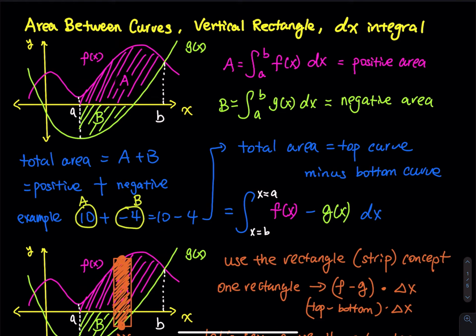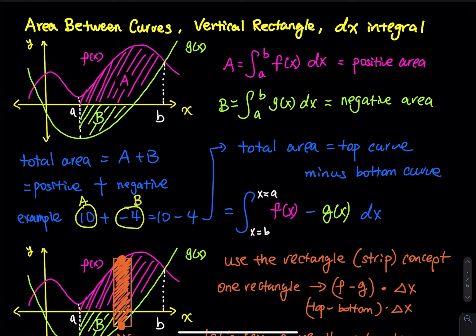But how do you know which one is on top, which one is on bottom? There are two ways to answer this question. First, you look at the area. You can clearly see which curve is on top and which is on the bottom. You can use your eyes to see it. The second way is using a rectangle, which is the next stage.